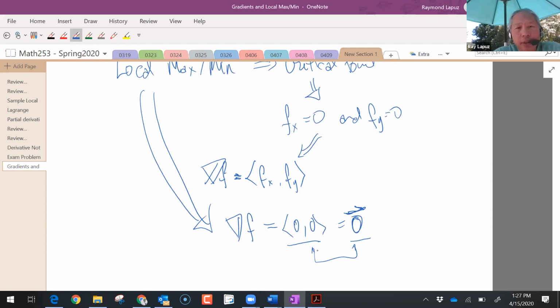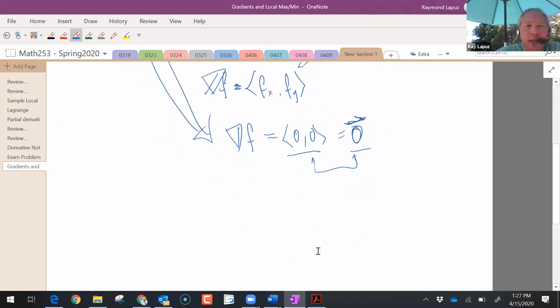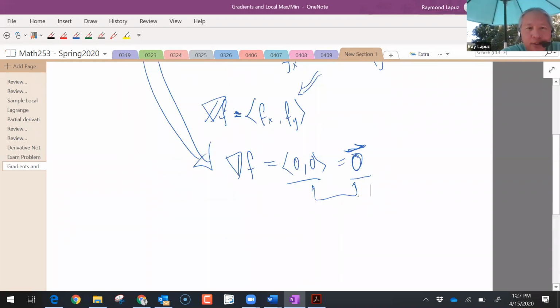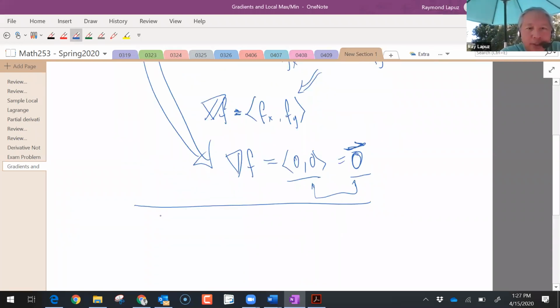Oh, so maybe there's another question where, by the way, the arrows here are important. So the bottom line from the above is that if P is a local max or min, then the gradient at P is equal to 0, and that's a 0 vector.